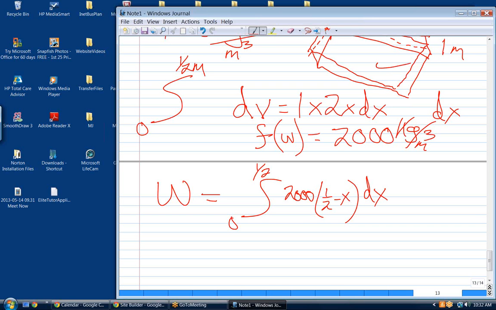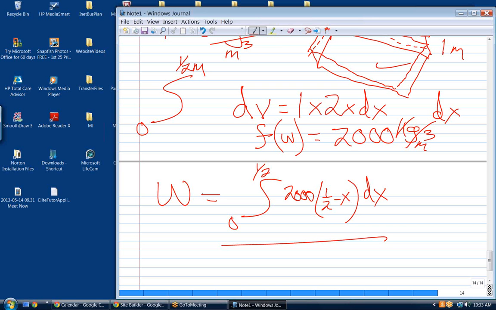The force of each micro slab of water is 2,000 kilograms per cubic meter, but we have to lift that slab a variable distance. The first slab we have to lift 1/2 meter. The next slab we have to lift is 1/2 meter minus how far up the aquarium we have to go. So I'm pretty sure this is the correct thing, and then that's relatively easy to solve.